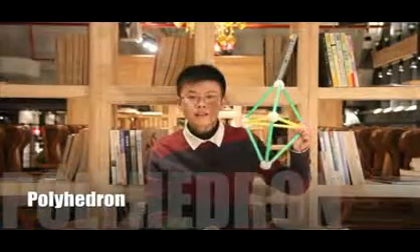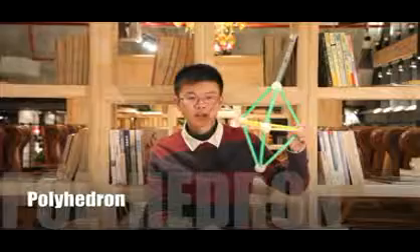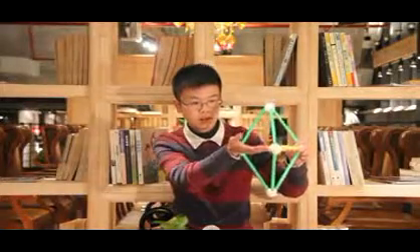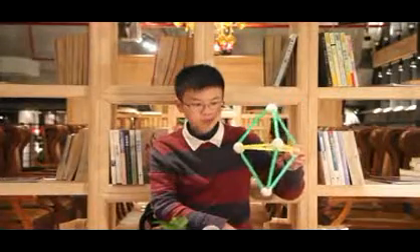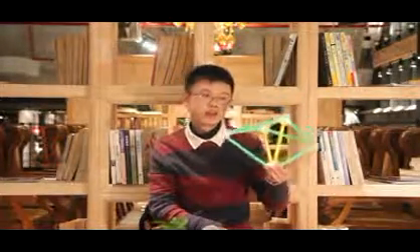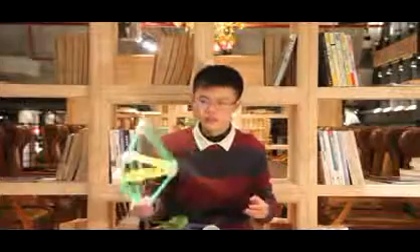Next, I'm going to talk about this polyhedron. This polyhedron actually is made of 2 tetrahedrons, so the up one is 1 and the down one is 1. First, let me introduce it.